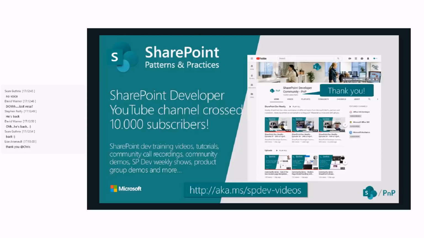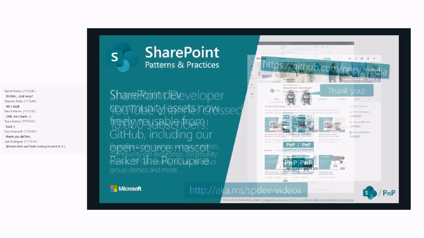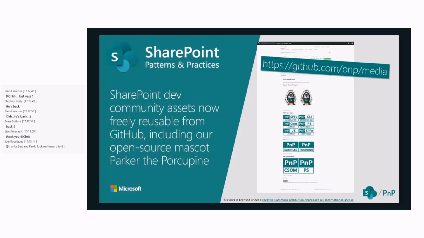One final thing before we go to the open source project status: we are now open sourcing also our assets. So if you're interested in using these assets or the images anywhere, this is now available. Everything is now licensed under Creative Commons attribution, so a Creative Commons license. You're able to download, for example, Parker Porcupine and build something out of it.